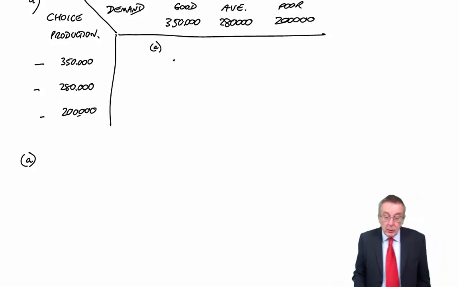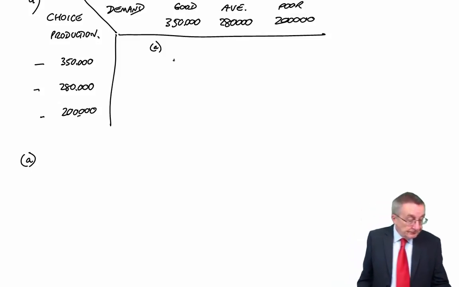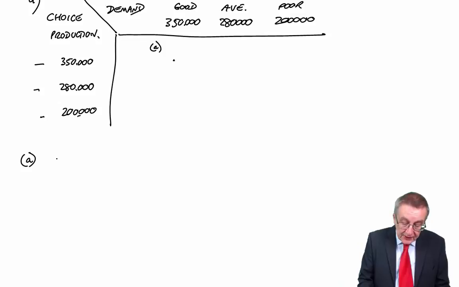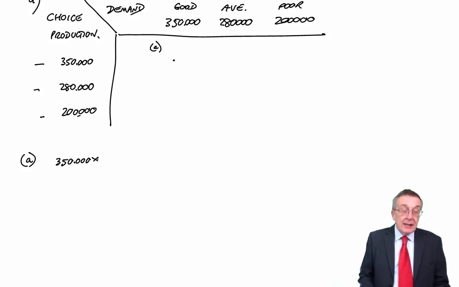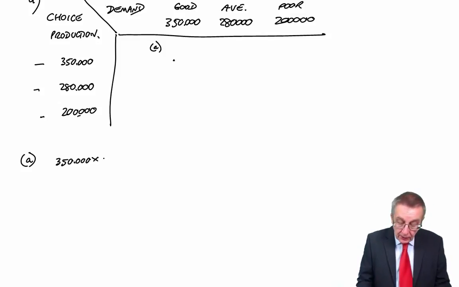I'm looking to see what happens if we produce 350 and we sell 350. Well, if we produce 350 and sell 350, we sell them all, 350,000 sold. And how much profit do we make? Every bag sells for 9 and costs 4.